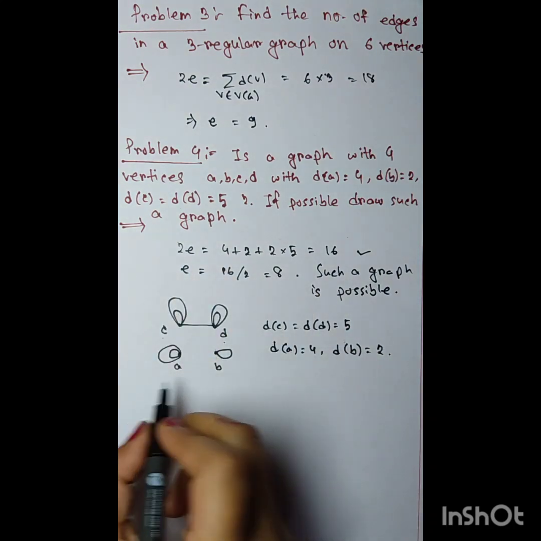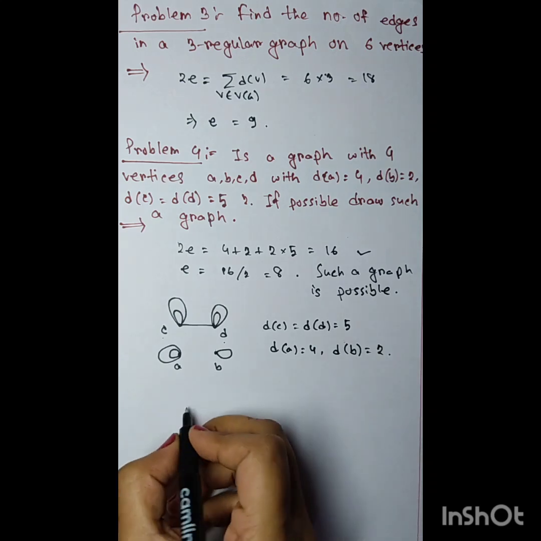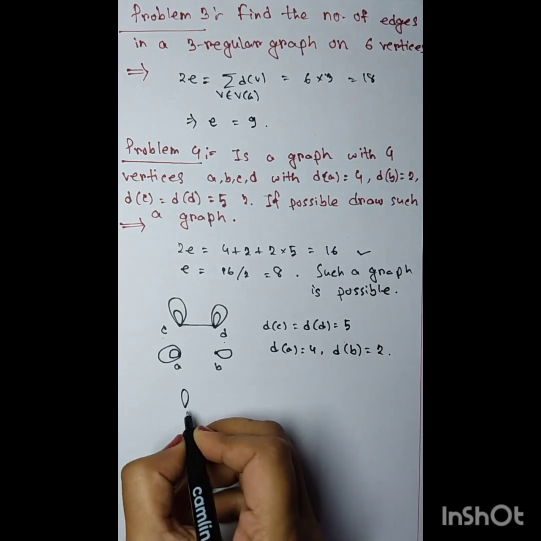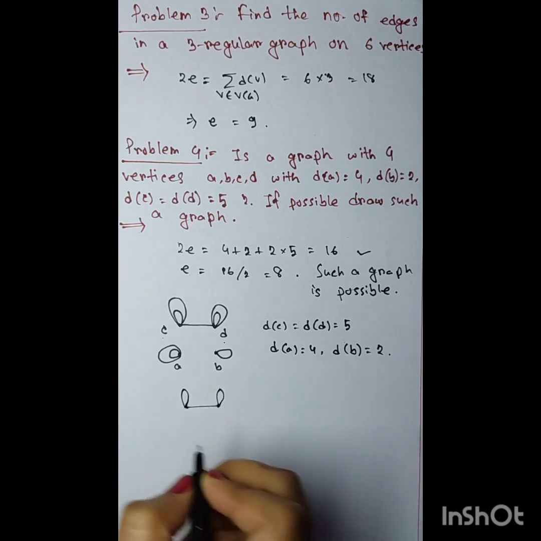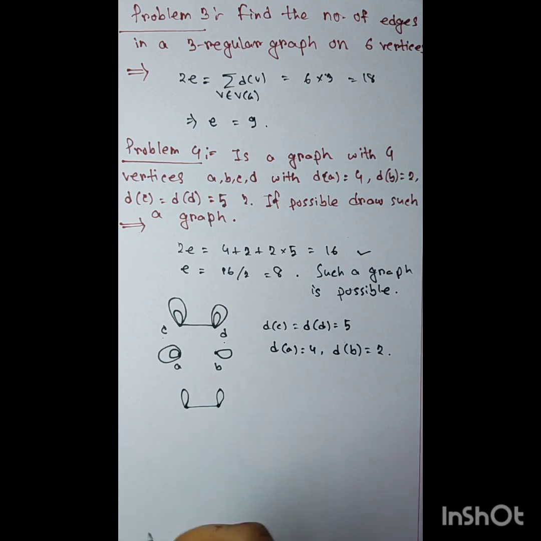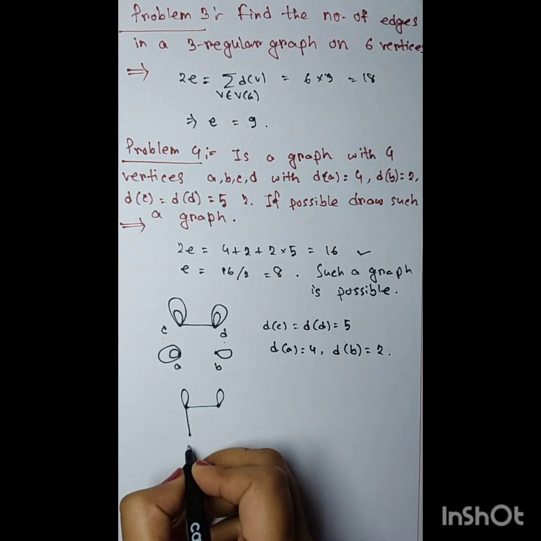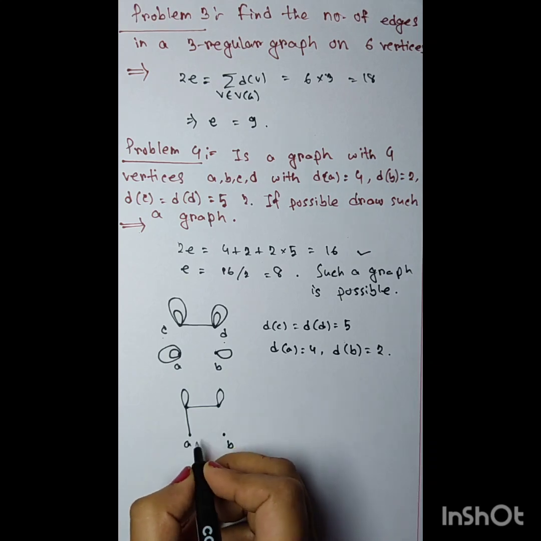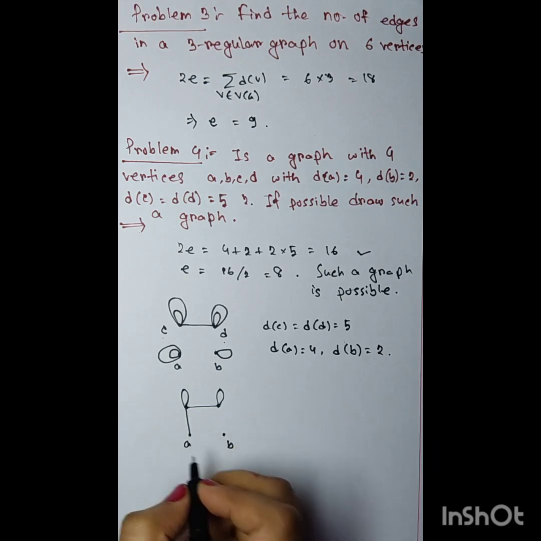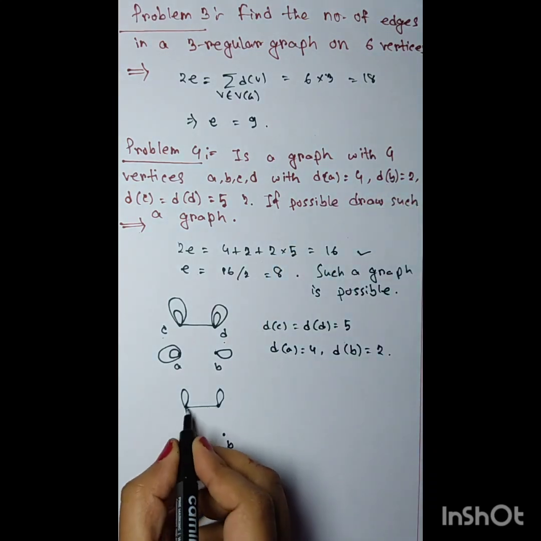This drawing is not unique, so we can have another drawing, actually more than one drawing. So for example, this graph we can draw like this, and here we have B, and degree of A is here 4.